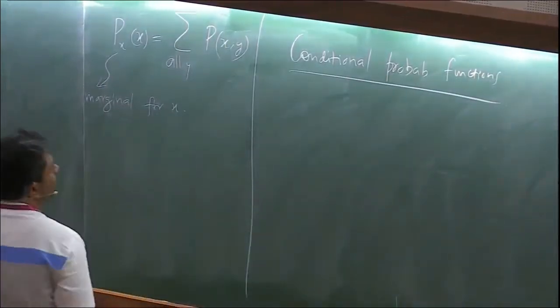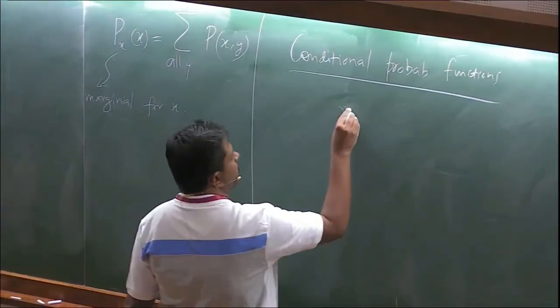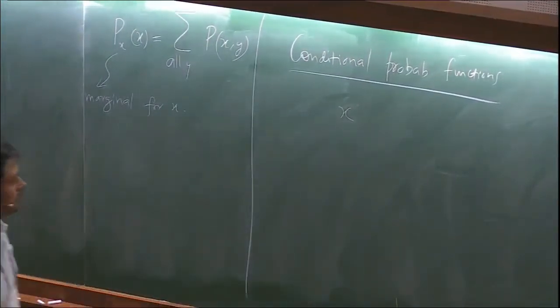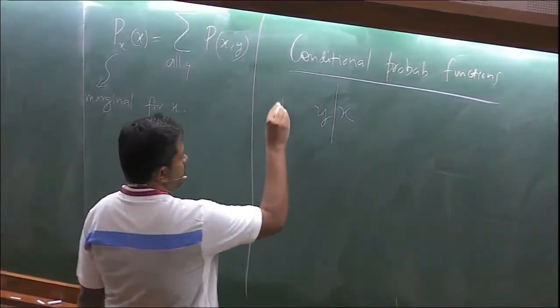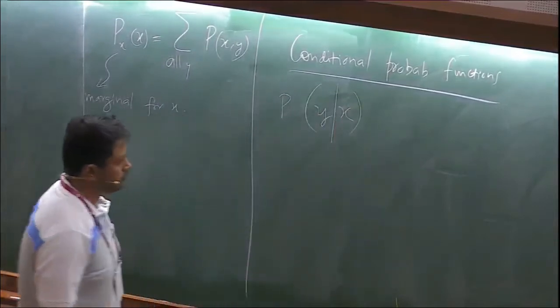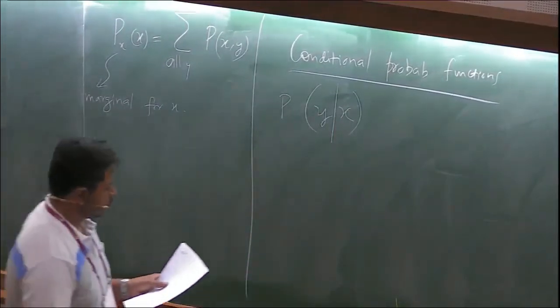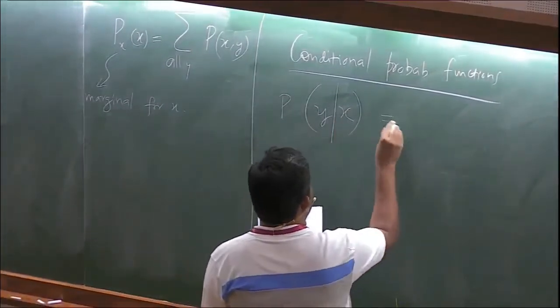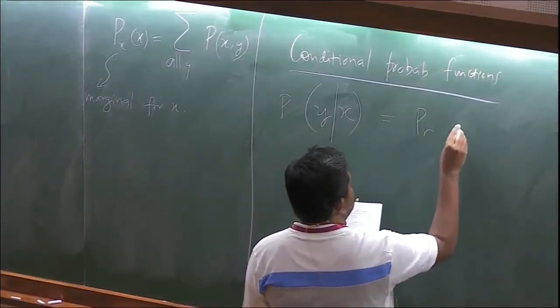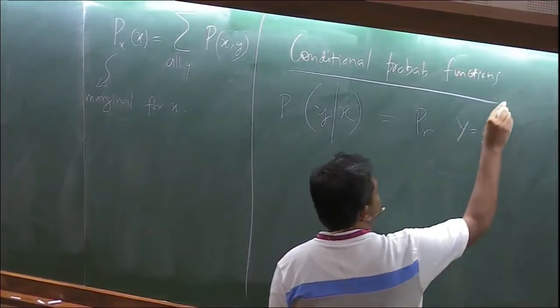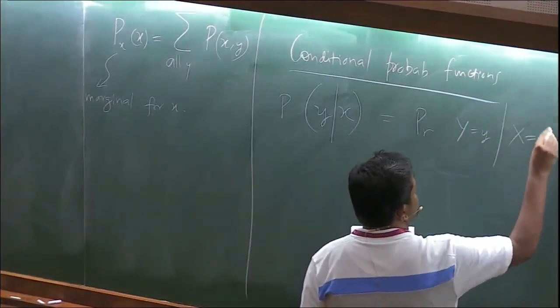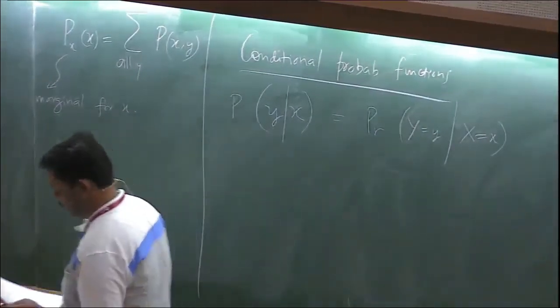We'd like to find out the following: given that we have found the value little x for the variable capital X, what is the probability that you'll find the value little y for the variable Y? So this is the probability that capital Y takes the value y, given that capital X has taken the value x.